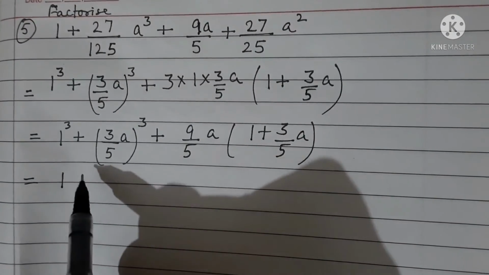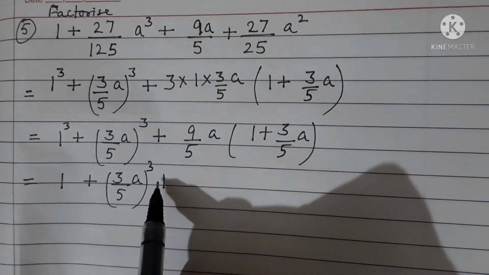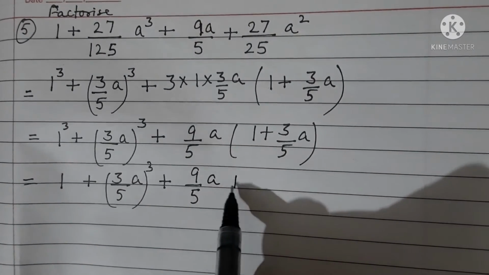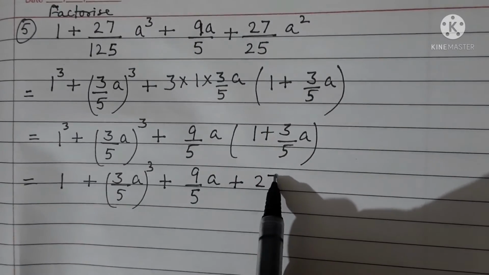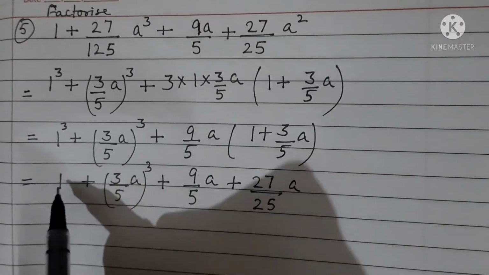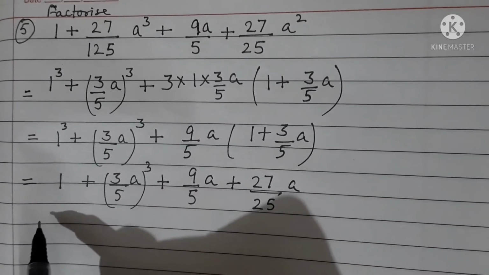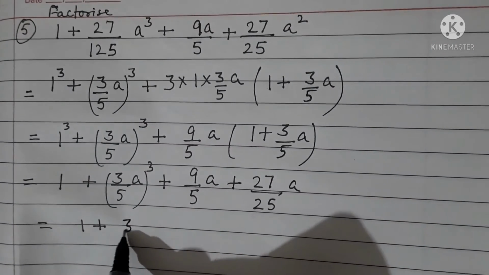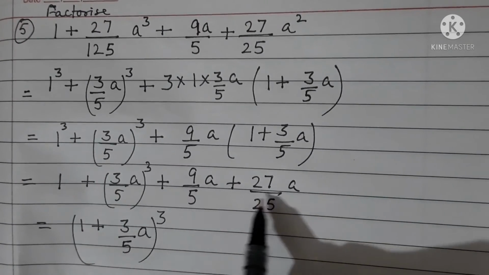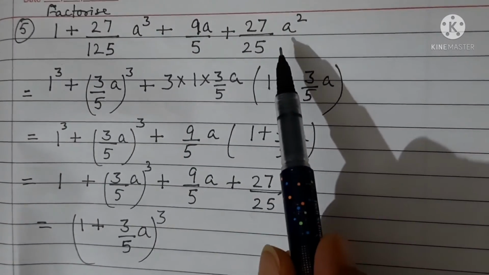Now see, 1 plus 3 upon 5a whole cube, plus open this, 9 upon 5a plus 9 3s are 27 upon 5 5s are 25a square. So it becomes the identity of 1 plus 3 upon 5a whole cube. Tally this expression, they are the same as given in the question.